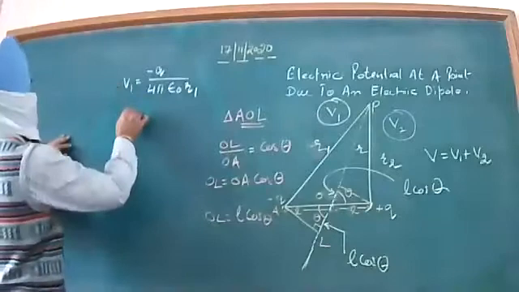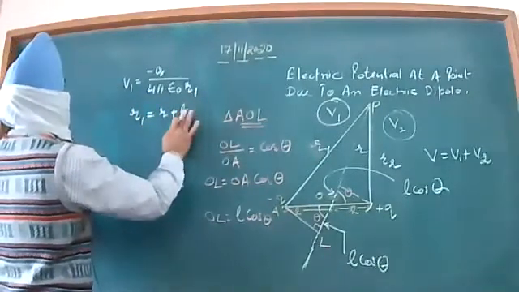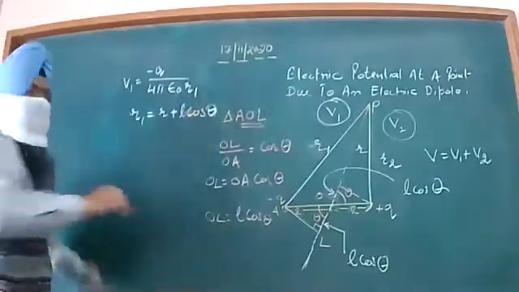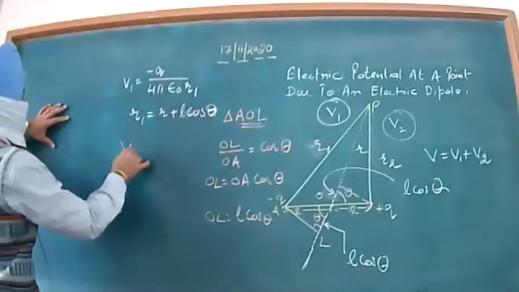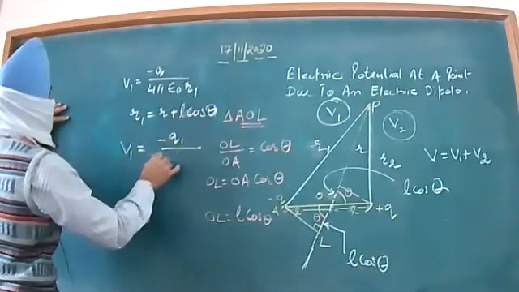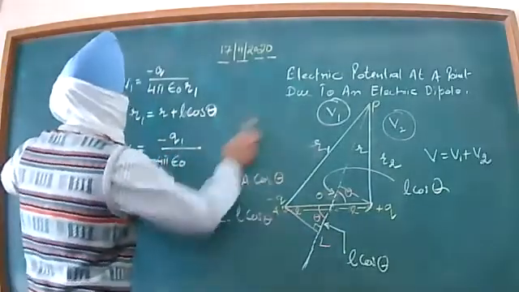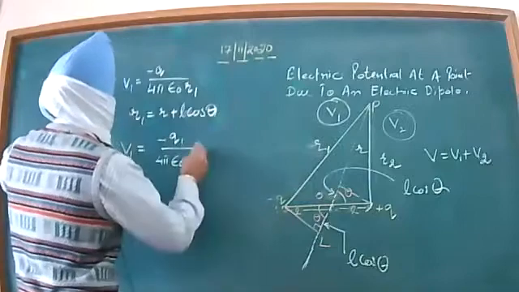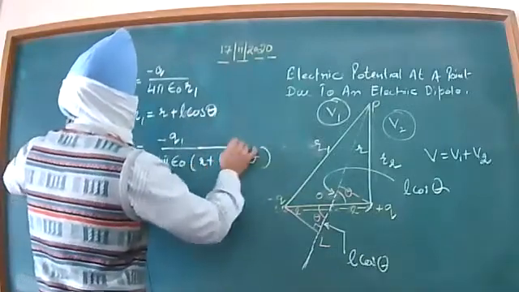So this R1, dear children, will be equal to R plus L cos of angle theta. So I can put this over here. So dear students, it will be minus Q upon 4 pi epsilon naught. In place of R1, I will have R plus L cos theta.